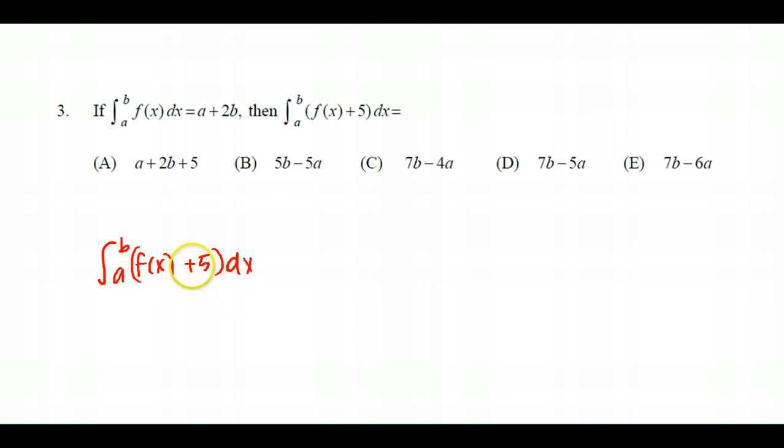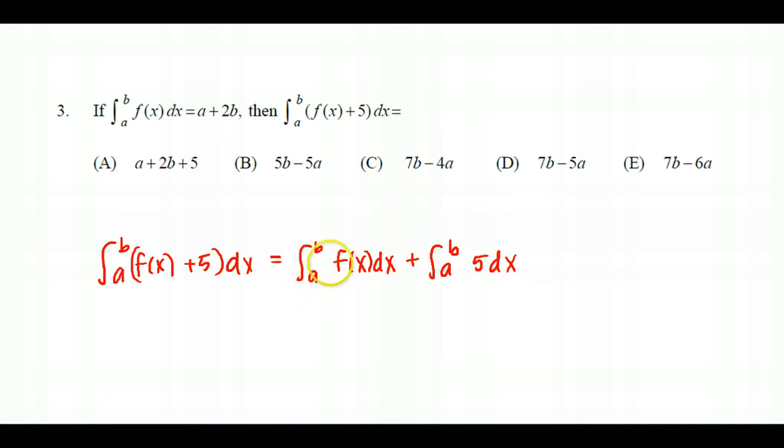Well, here I have two functions being added together. One of them is the generic function f of x, and the other one is the constant function 5. But since there are two functions being added together, I can split this up using my properties of definite integrals to be written as the integral from a to b of f of x dx plus the integral from a to b of 5 dx.